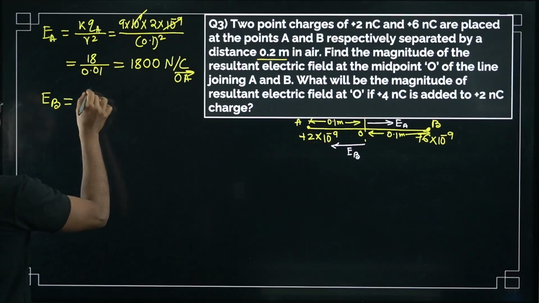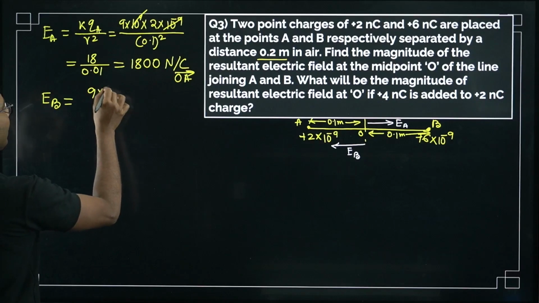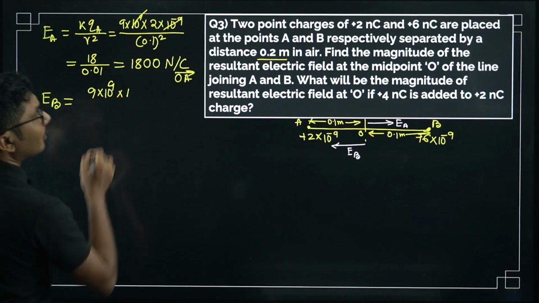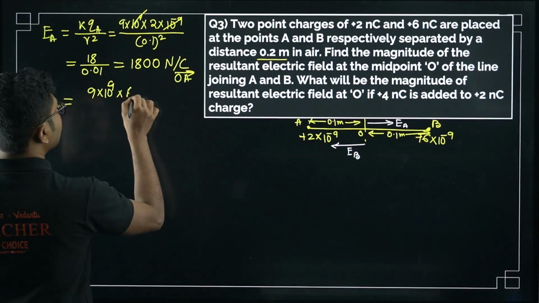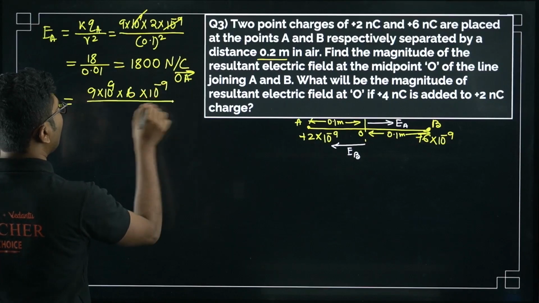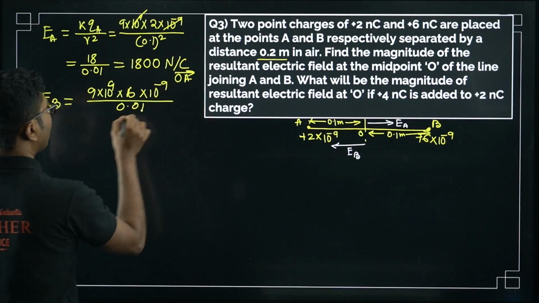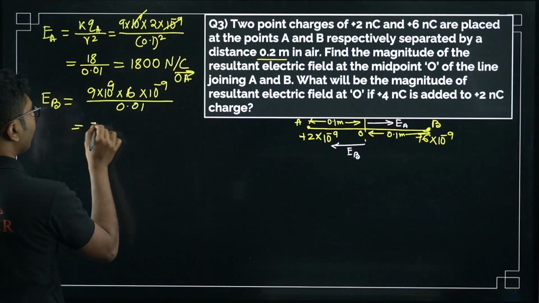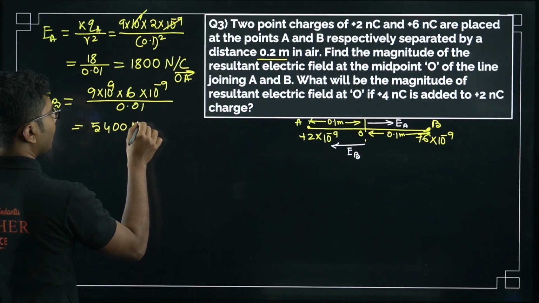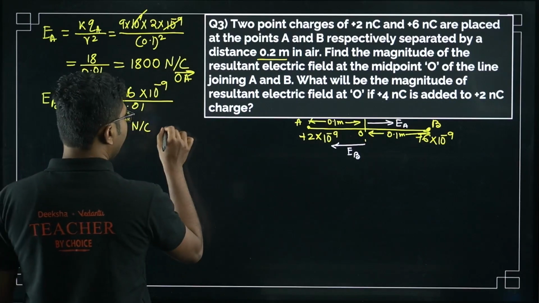EB, again we can directly write 9 into 10 to the power of 9 into 6 into 10 to the power of minus 9 by 0.01, that is 5400 Newton per Coulomb, and this is along OB.